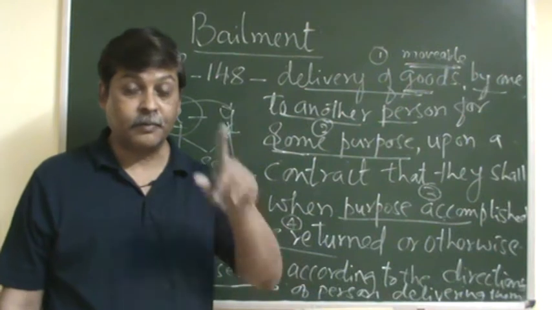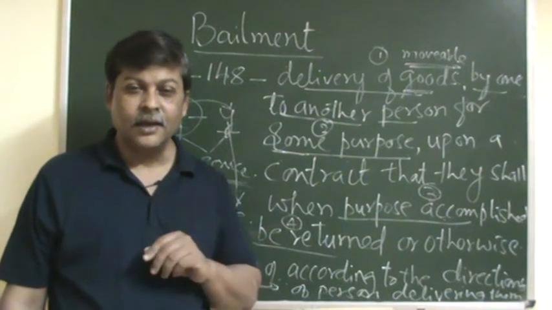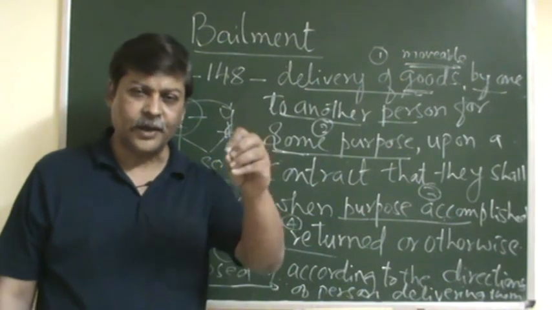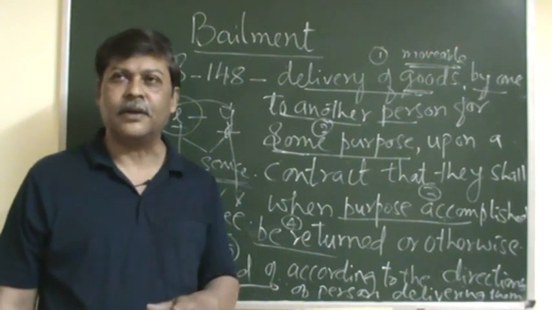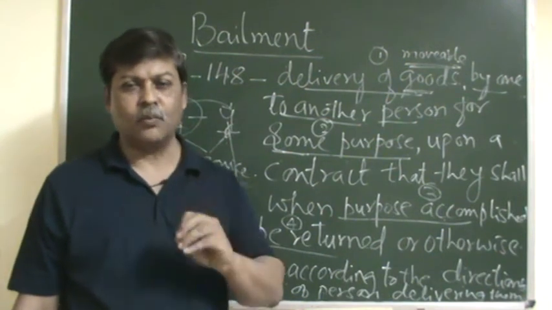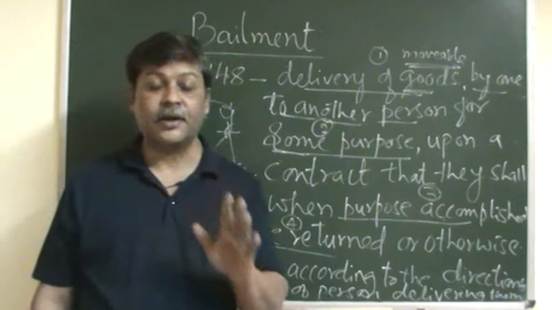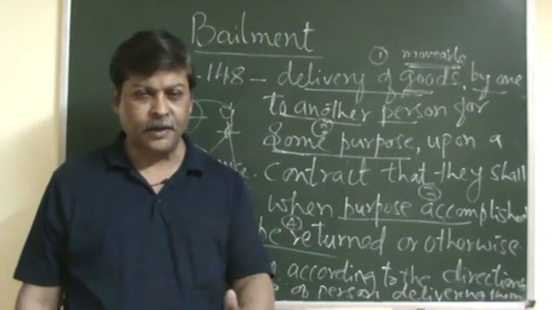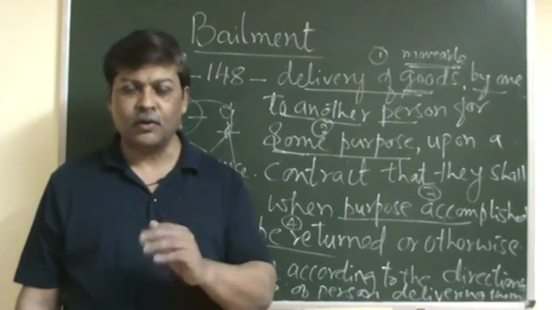That is a contract of bailment, but it is a gratuitous bailment. So like this we come across a variety of examples of bailment in day-to-day life, where it may be gratuitous or non-gratuitous.